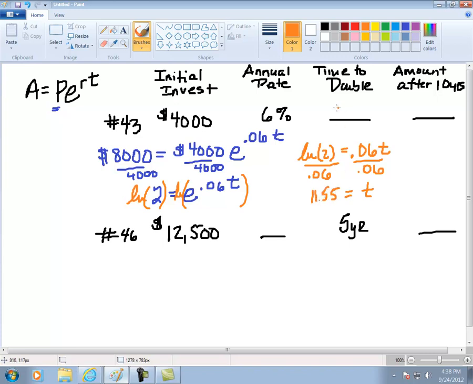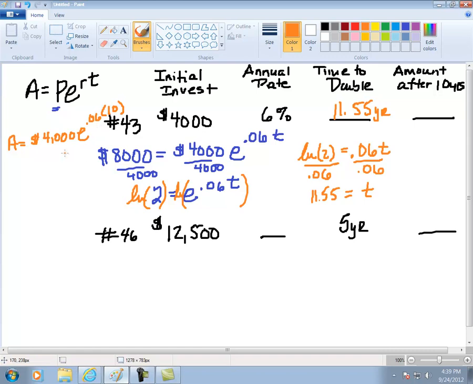Okay, so we're going to plug that in here. And now if we want to know the amount that we would have after 10 years, that's just going to be A equal to our principal, which is 4,000, e to the r, which is 0.06, and our time in this case is going to be 10.